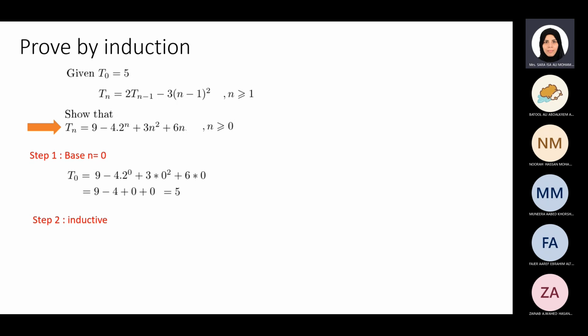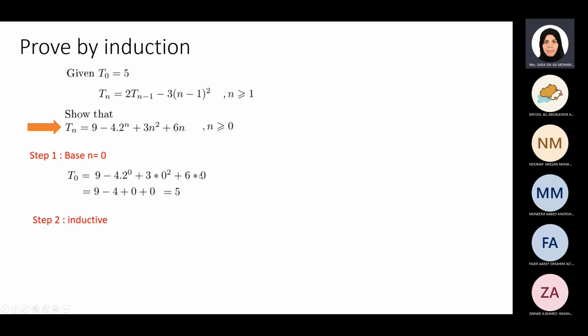How can I check? I will go to the given series and check whether T0 is equal to 5 or not. Because I know that this is given to me, it's true. I have to show that this is equivalent to the above one. So T0 here is equal to T0 there, if they are equal series.